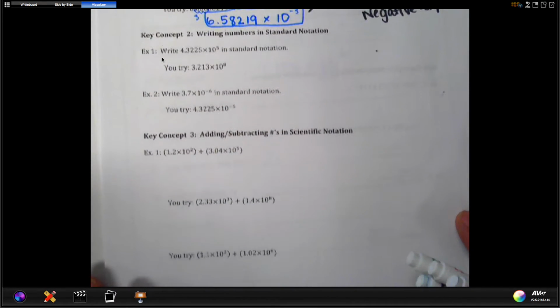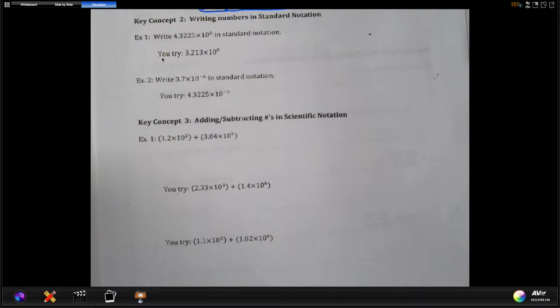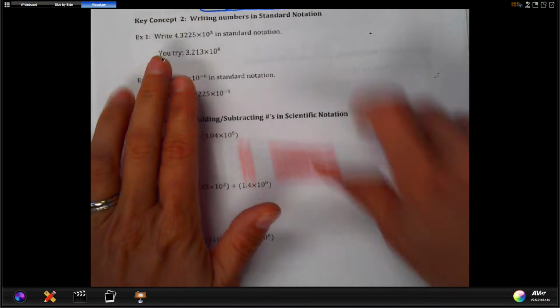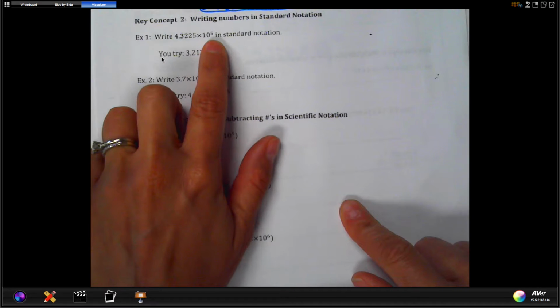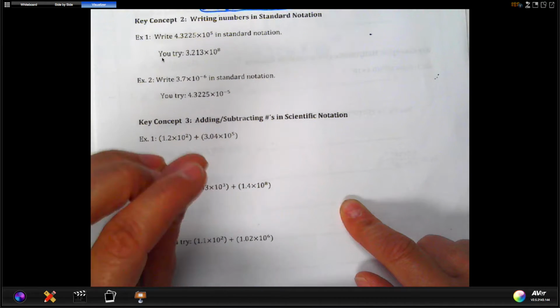We're going to start with example 1, which is write 4.3225 times 10 to the 5th in standard notation. What we want to do is move that decimal 5 spaces, and the reason I know that is because there is an exponent of 5. Since it's positive 5, this number's got to turn out to be a very large number.